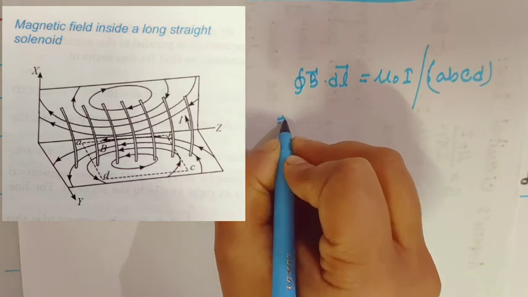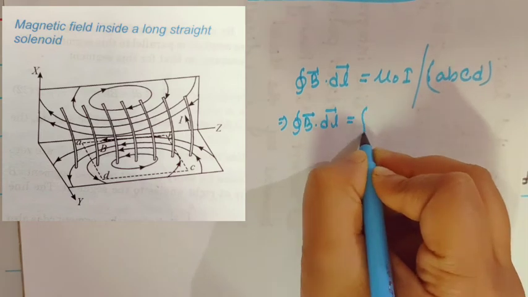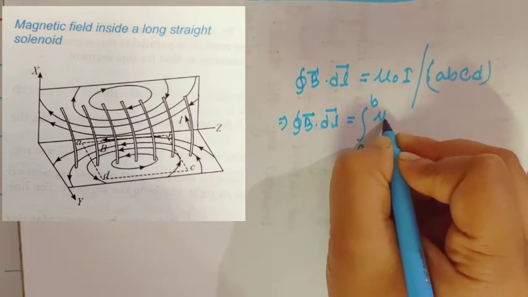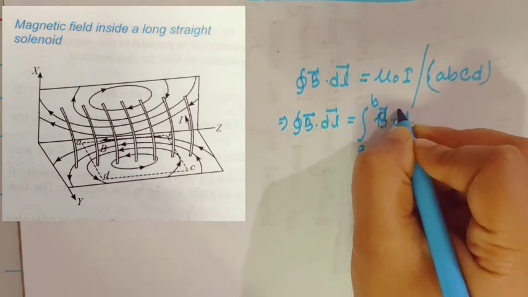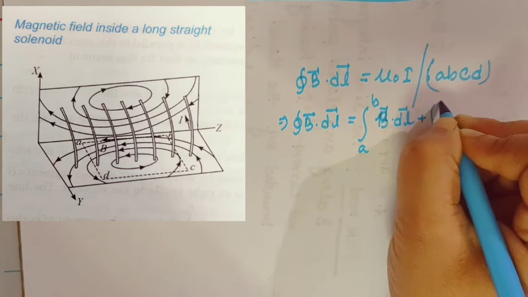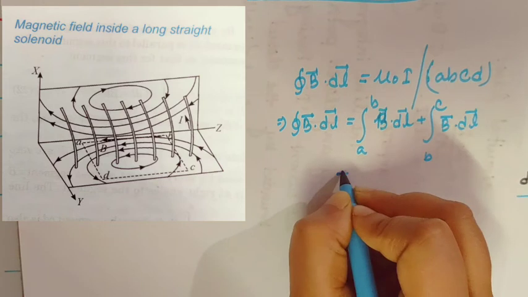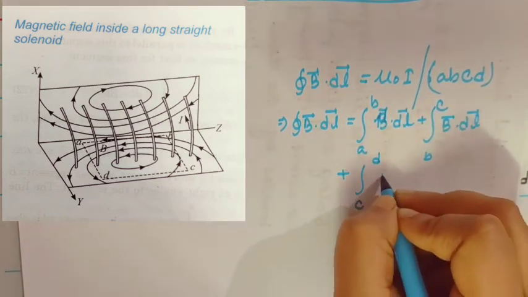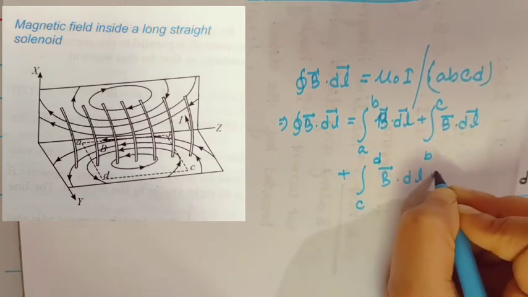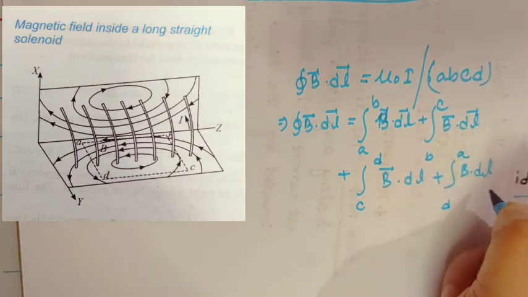So here we can write closed integration B dot dl is equal to integration A to B B dot dl plus integration B to C B dot dl plus integration C to D B dot dl plus integration D to A B dot dl. Give this equation number 1.